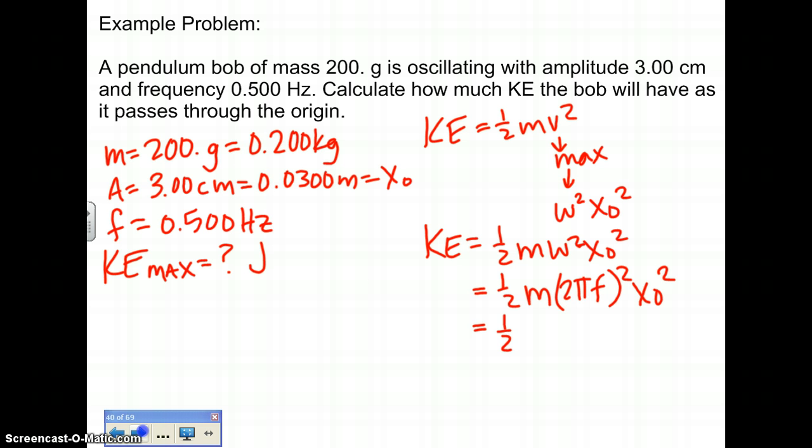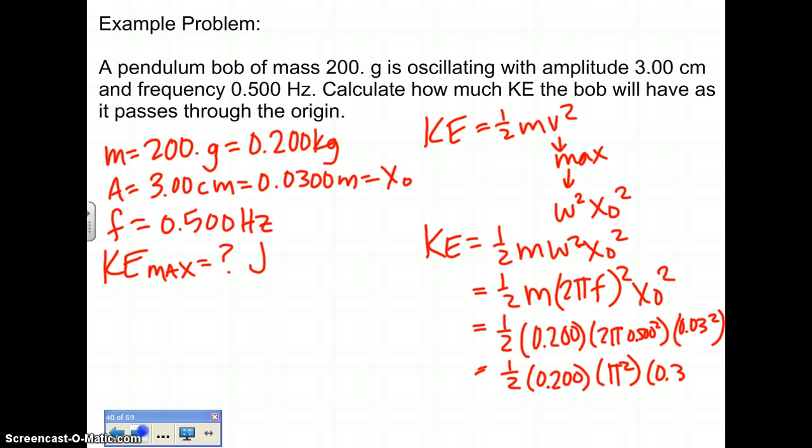So your math is 1/2 times 0.200 times 2 pi times 0.500 squared times 0.03, and I'm just going to shorthand that because I'm running out of room, squared. So once again, 2 times 0.5 is 1, 1 squared is 1, so you got pi squared there. So what we're really working with is 1/2 times 0.200 times pi squared times 0.0300 squared.